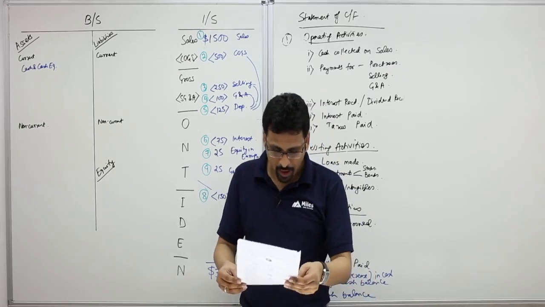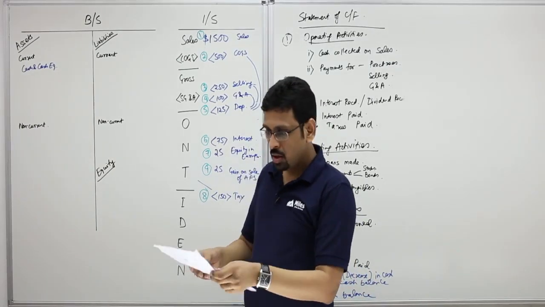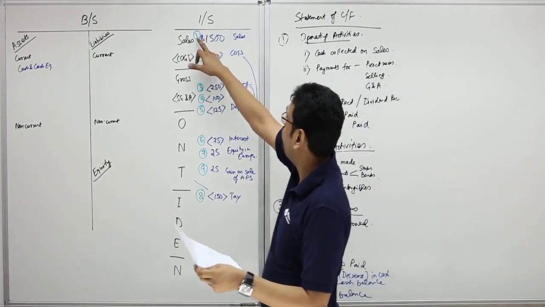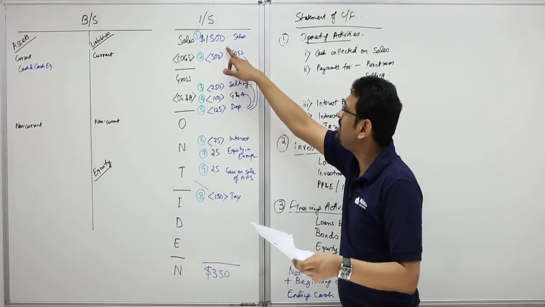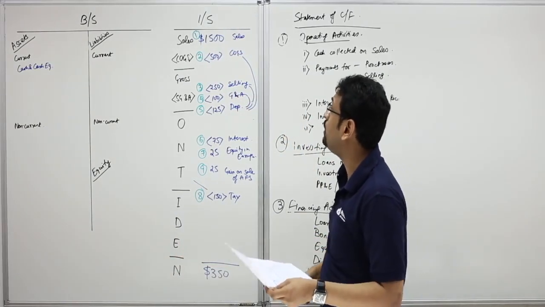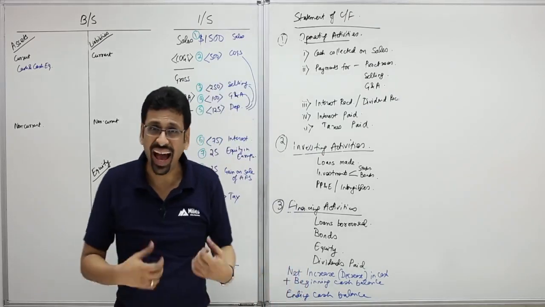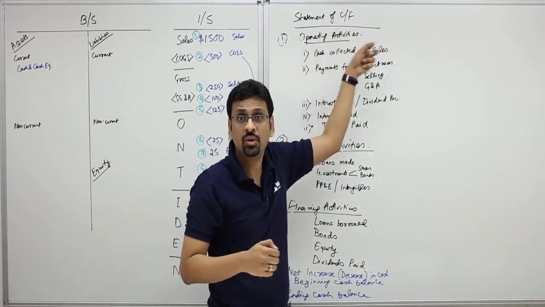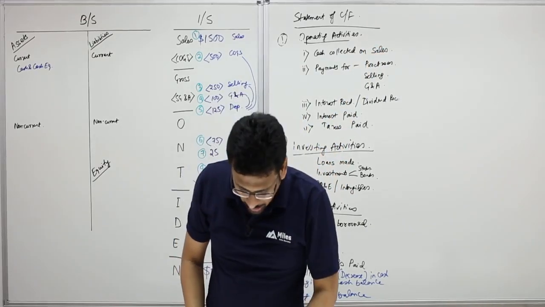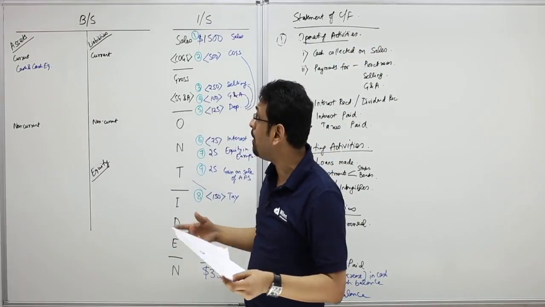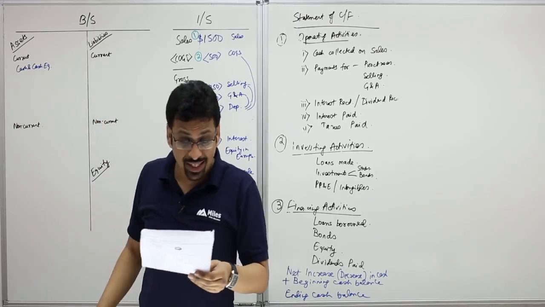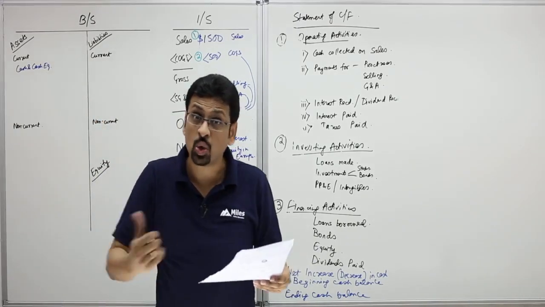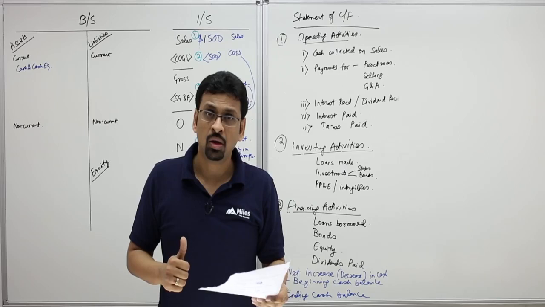So let's look at the numbers here. Let's say number one, we're looking at sales. Now sales has been $1,500 during the year, but has the entity collected all the $1,500 in cash collections? For that, we look at the accounts receivable number on the balance sheet. Now they say that number has increased $200 from last year.